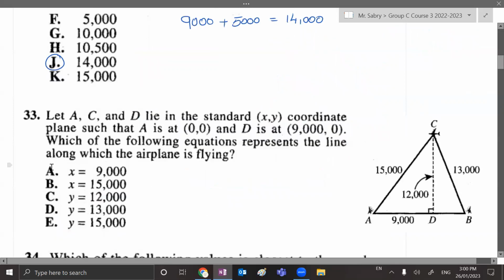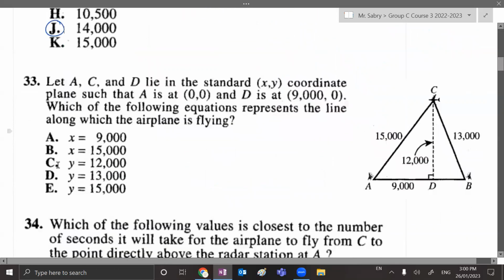Okay, let's move on to 33. Let A, C, and D lie on the standard XY coordinate plane. So it's as if they have points, and they told you that point A is the point 0, 0. And then point D, this one, is the point 9,000, 0. So these measures are like the X and Y axis this way.